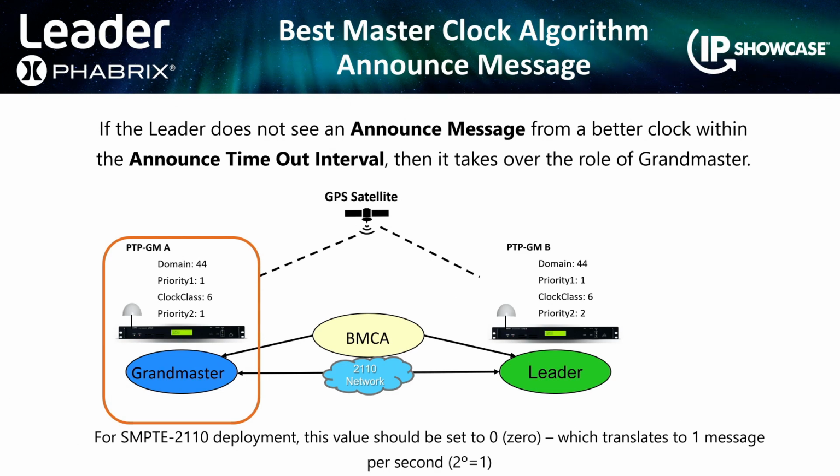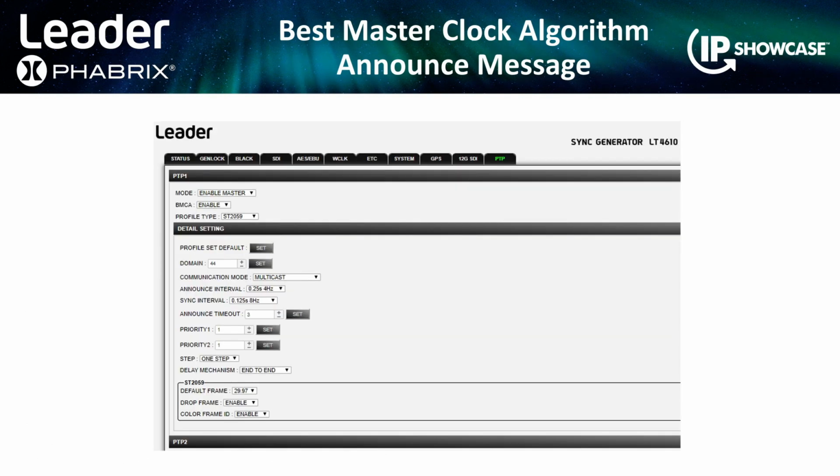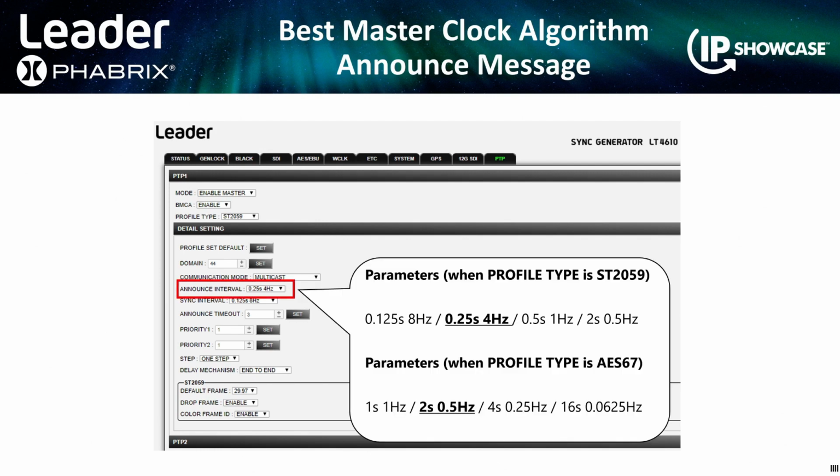So your generators, your switches, check them, because that can send your best master clock algorithm off on a chase that ends up with a device you didn't expect becoming the Grand Master. And again, you'll find this within the sync pulse generator setup menus. And there are two sets of parameters, one for SMPTE 2059 and a second one for AES67.